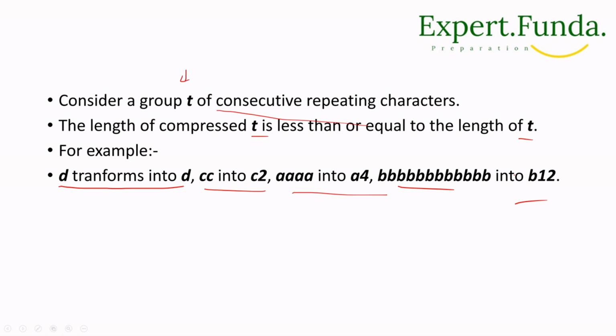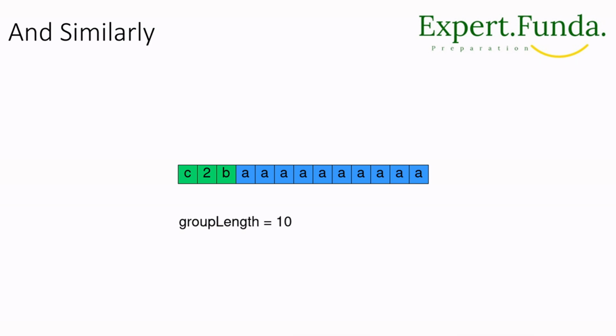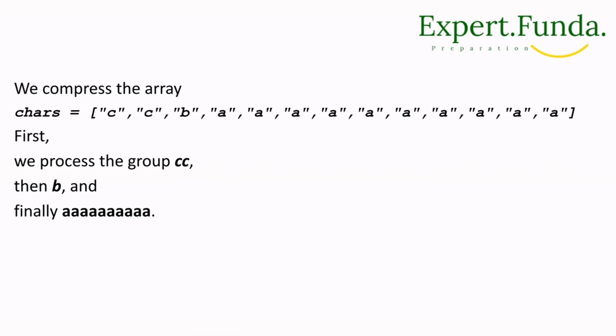It means we are representing a group like this. C is coming two times, so now it will become C2. B is coming one time, so B will remain the same. But when we have many repeats, we have to see the length, and we can say B is coming 10 times. Similarly, we compress the array into the respective values.